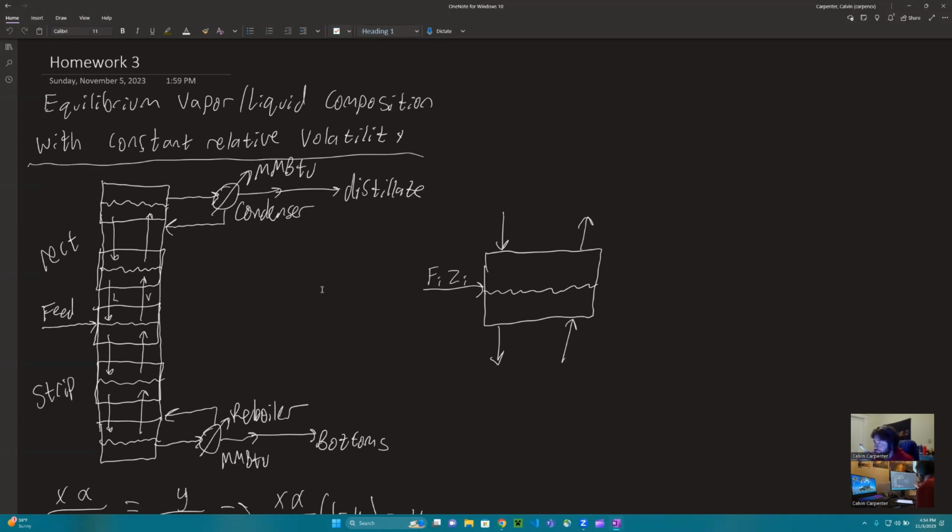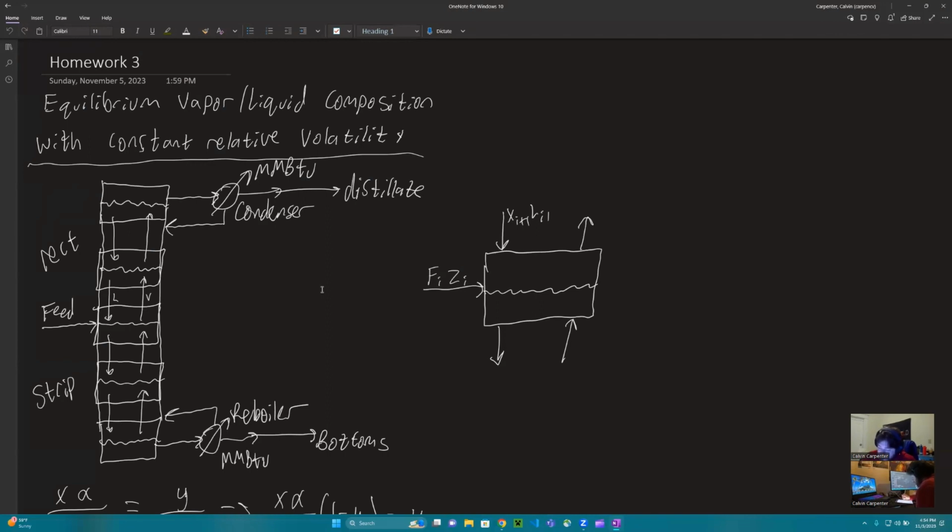And so the liquid entering is going to be in terms of x, so it's going to be x i plus 1, L i plus 1. And then leaving, it's going to be x i L i.